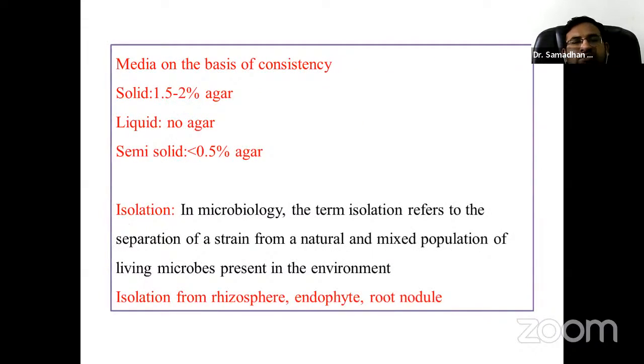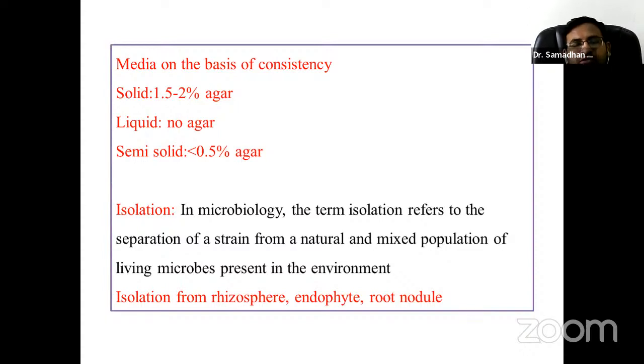Then another type of media is on the basis of consistency. You must know solid media, liquid media, and semi-solid media. Solid media is defined when the agar concentration is in the range of 1.5 to 2%.